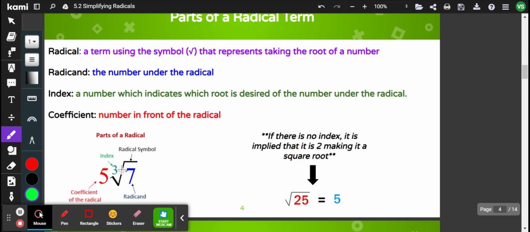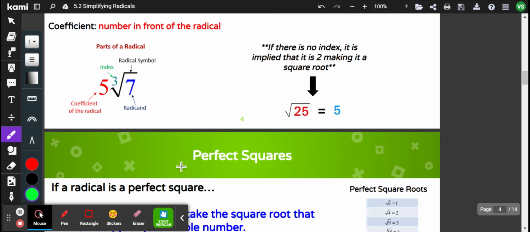So in this case, the index is 3. Note that if you're taking the square root, even though the index is 2, we usually don't write that index. It's just implied. So again, index 3, radicand 7, and then this number in front of the radical is the coefficient of the radical.